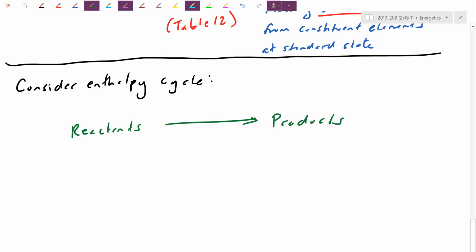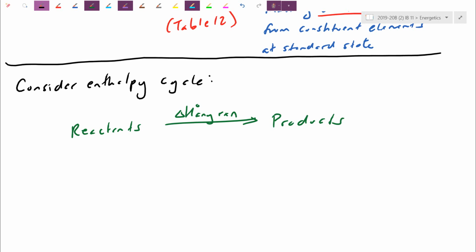And I want to emphasize here, the equation that I'm interested in, this delta H here, is any reaction. I'm going to choose to come up with the formation detour around, but this equation, the delta H that they're asking for, could be synthesis, it could be redox, it could be neutralization, it could be double decomposition, it could be any type of reaction. To find the delta H of any reaction, I'm going to engineer a detour.